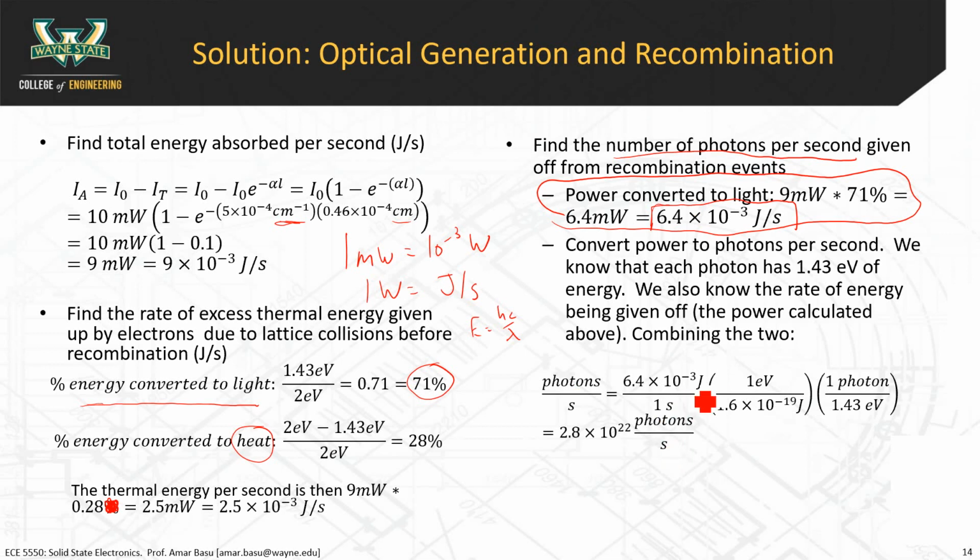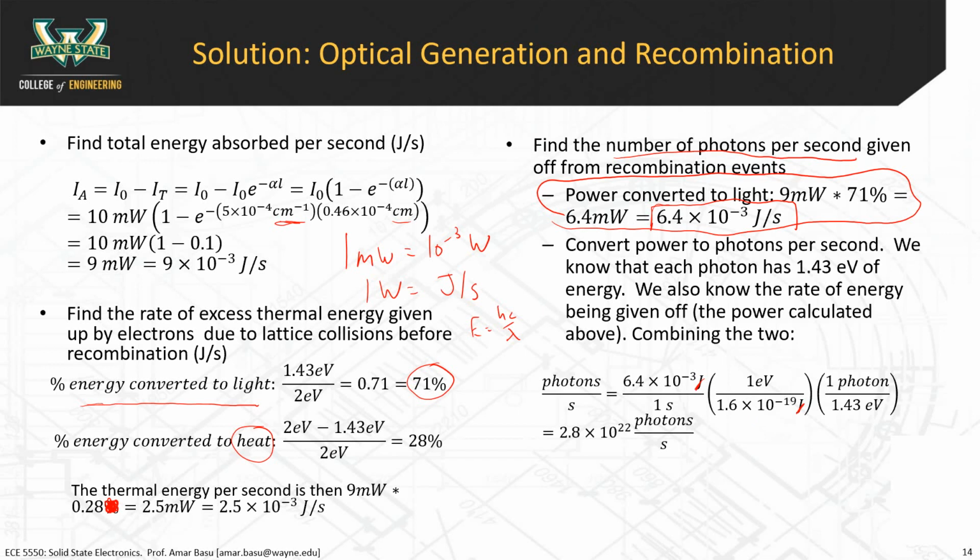So 6.4 times 10 to the negative 3 joules per second, we're multiplying it by some conversion factors. The first conversion factor is the units of energy. 1.6 times 10 to the negative 19 joules is equal to 1 electron volt. That allows us to get rid of the joules and convert that into electron volts.